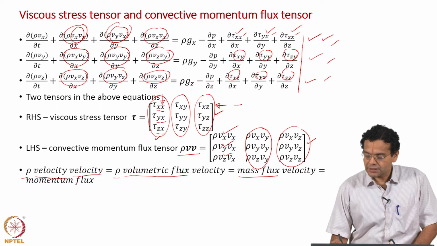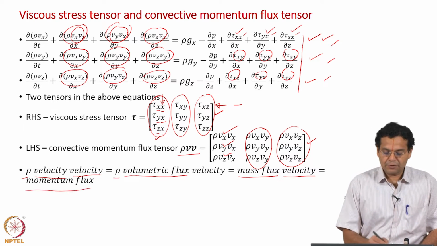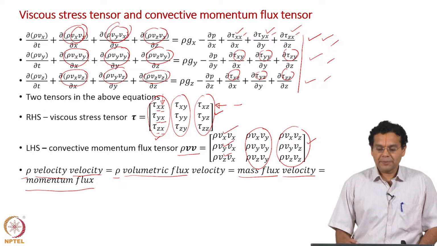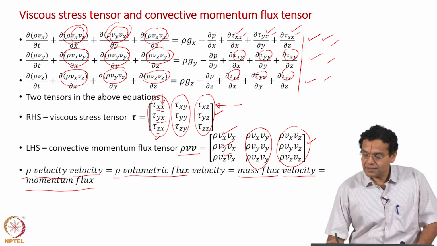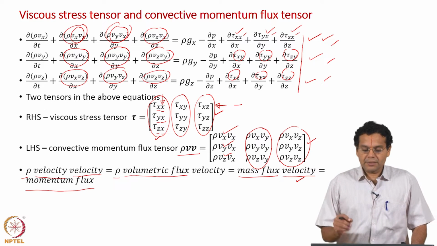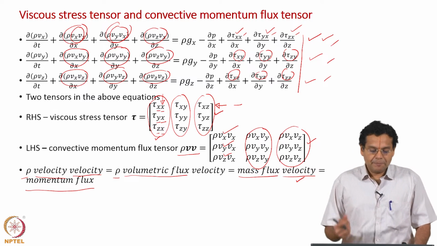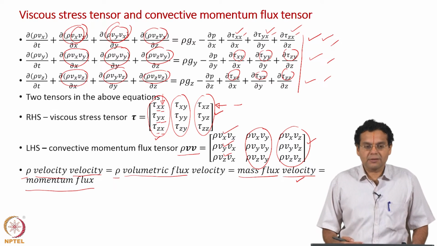Now, mass flux into the second velocity, what is that? Momentum flux. Mass into velocity is momentum, so mass flux into velocity gives you momentum flux along the direction of the second velocity, though I have not written that here. I will repeat it, each term is rho into velocity into velocity. The first velocity we interpret as volumetric flux. Why do we interpret the first velocity?